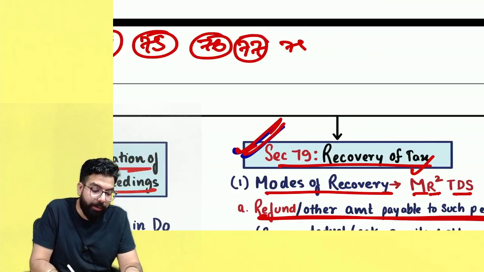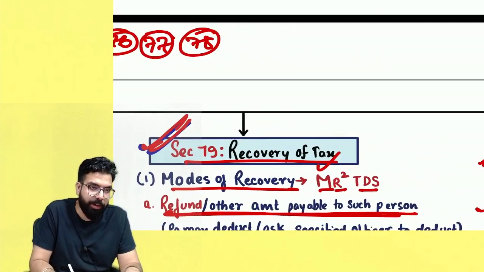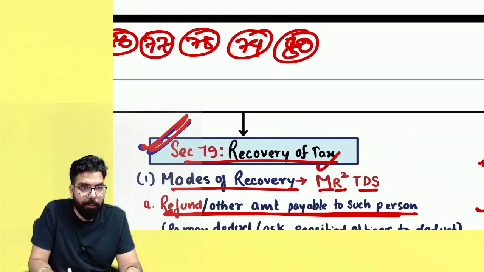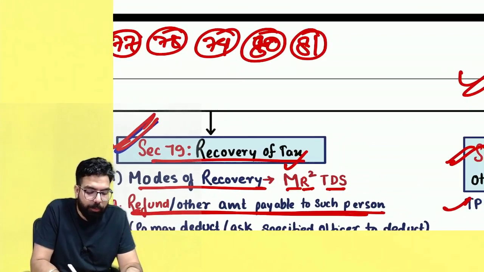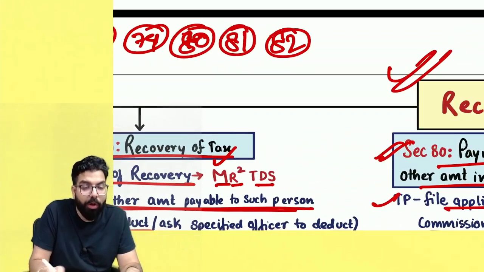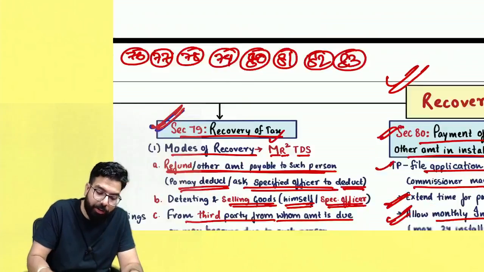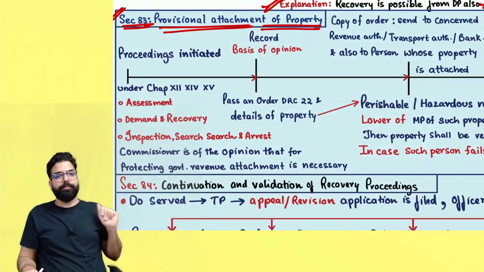Interest is not required. 78, after 3 months recovery proceedings will start. 79, M square R square TDS, modes of recovery. 80, installment facility. 81, transfer of property shall be void. 82, subject to the Insolvency and Bankruptcy Code, GST or the government dues will have first charge on the property. Section number 83 talks about provisional attachment.